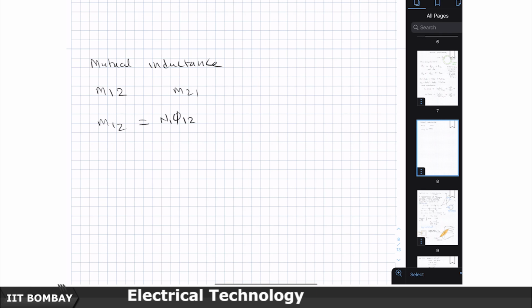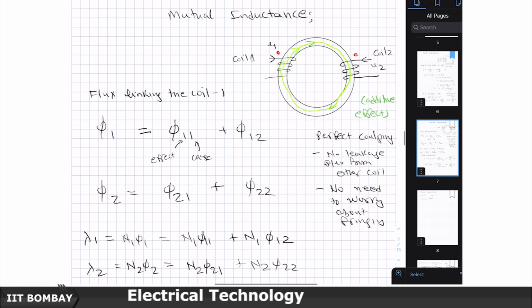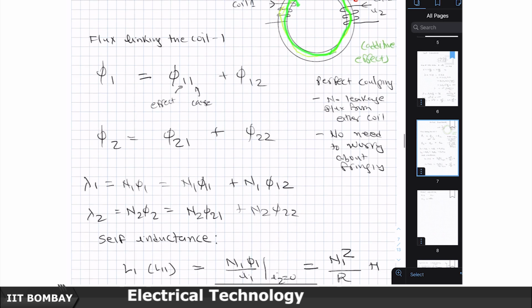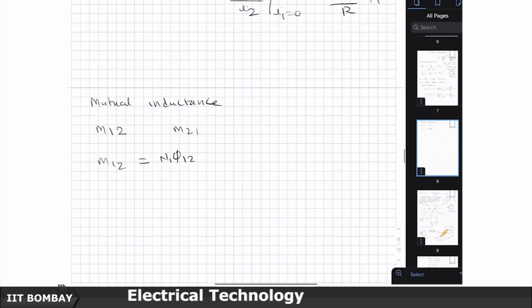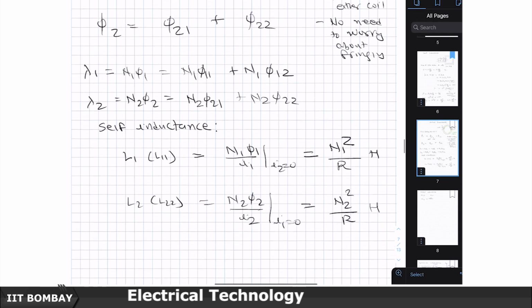What does it do? It produces a flux phi12, and in this example of perfect coupling, the same flux phi12 will link both these coils. So the phi12 is produced by this coil and it completely links the coil 1. The flux which is linking it is phi12, but that flux is amplified by the number of turns N1.